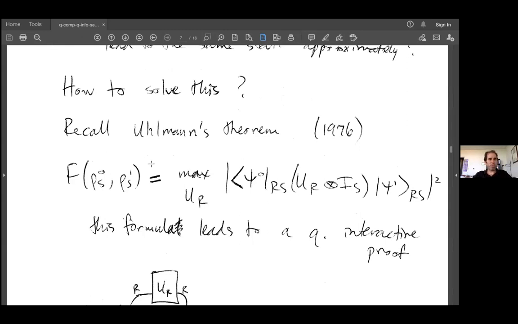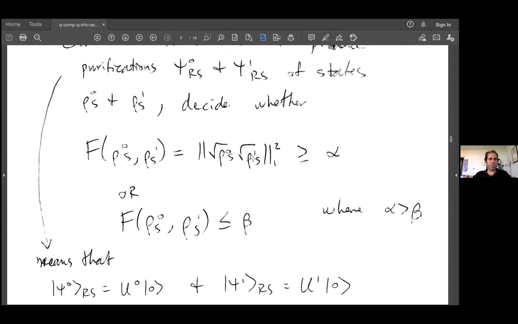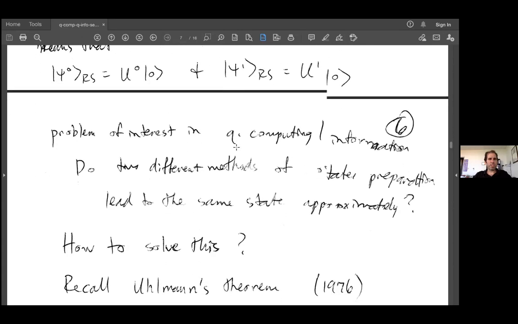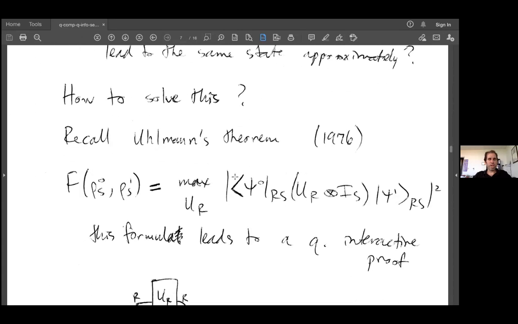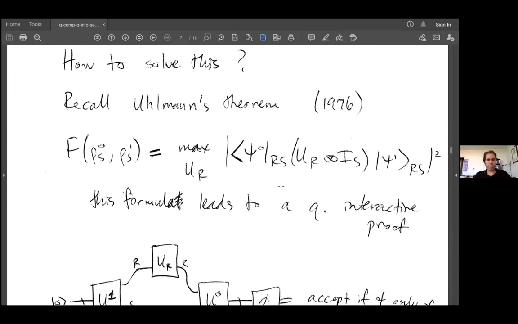So Uhlmann's theorem says that this formula for fidelity is equal to this optimization task. So you take the purification psi 0 of rho 0, you take the purification psi 1 of rho 1, and then you compute this overlap and you maximize over all unitaries in the reference system, okay?